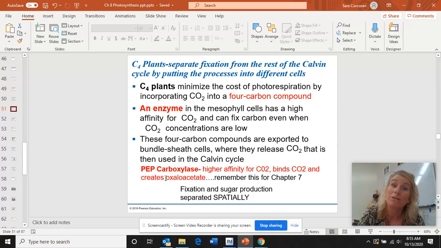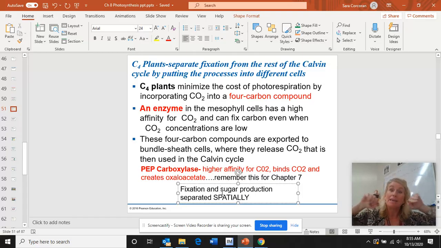You will see that molecule again when we talk about respiration. And I think it's super cool that we see molecules created in the chloroplast that we see created again in the mitochondria. Amazing. So basically, C4 plants fix carbon and create the sugar spatially separated. They keep them separated into 2 different cells.